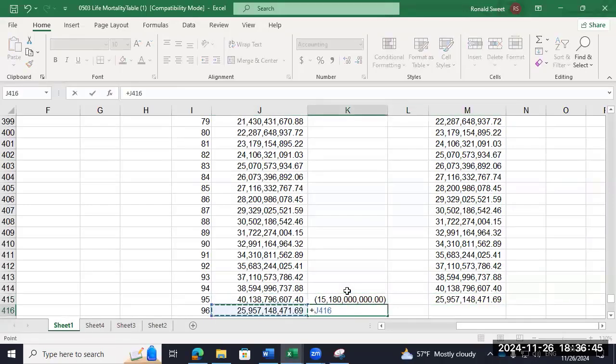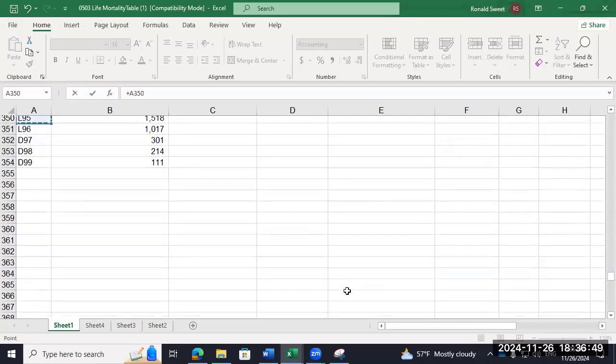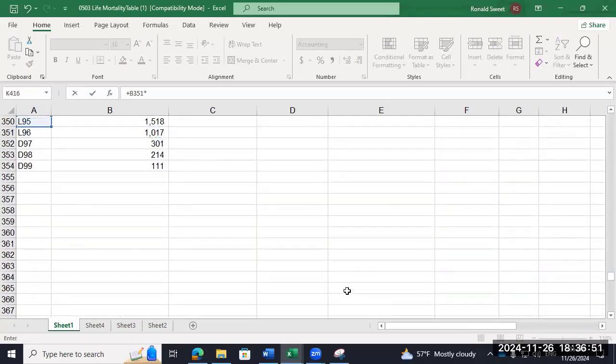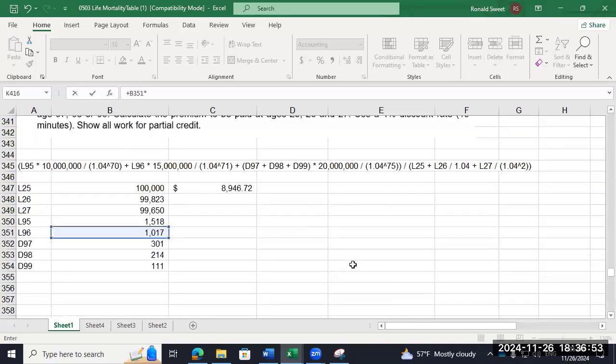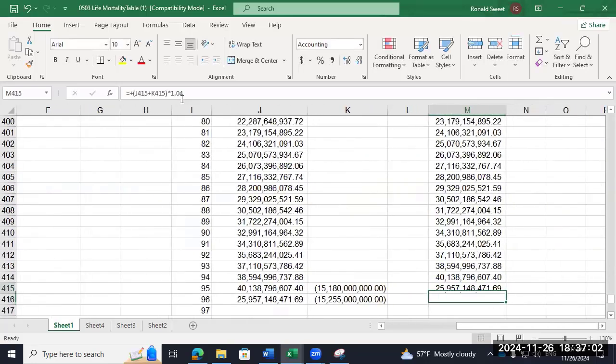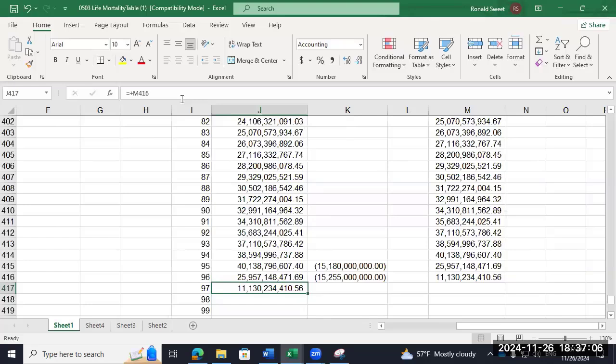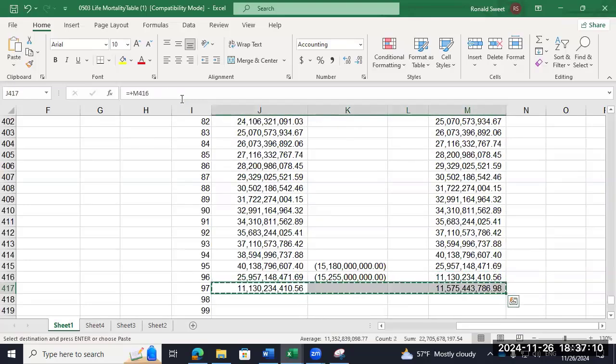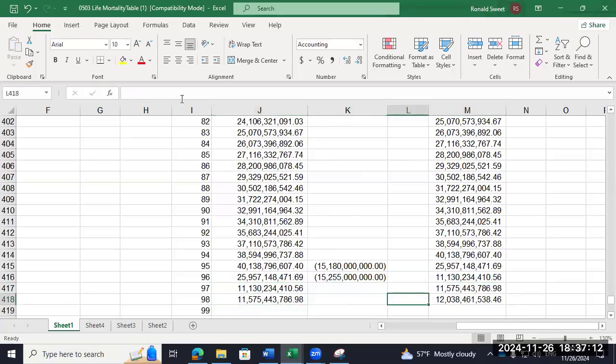Then we're going to pay the L96s 15 million bucks. Hopefully this works. Bring that down. We don't pay anything to the L97s until later. So we'll just bring these down. And then hopefully this gives us a really round number. We'll see.